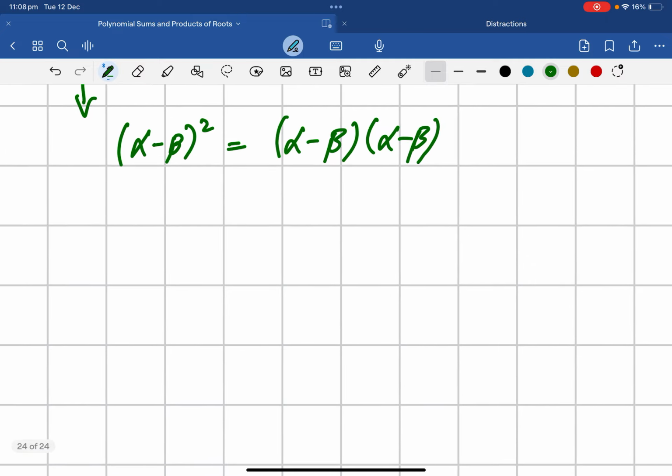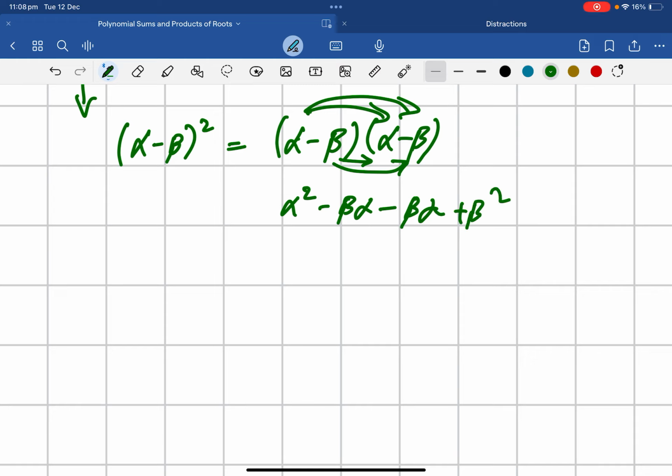Now, if you expand this, well, that's just alpha squared. Use the FOIL, okay, guys? Go like that. Alpha squared minus beta alpha minus beta alpha, and then plus beta squared. So it's alpha squared minus 2 alpha beta plus beta squared.